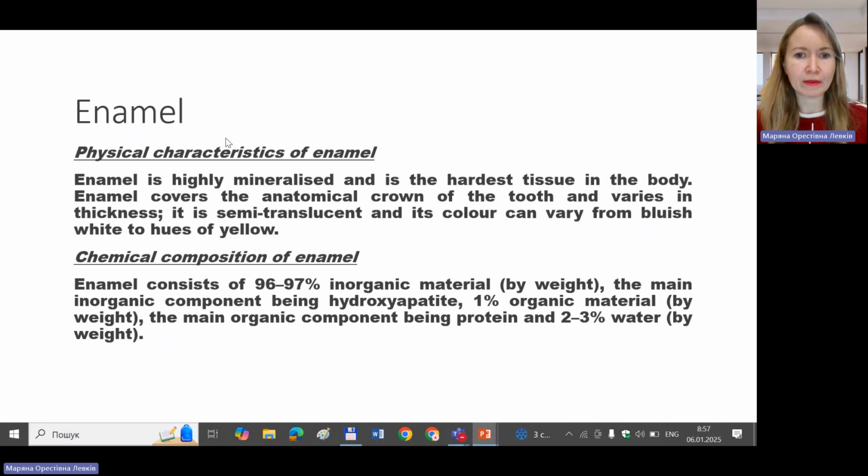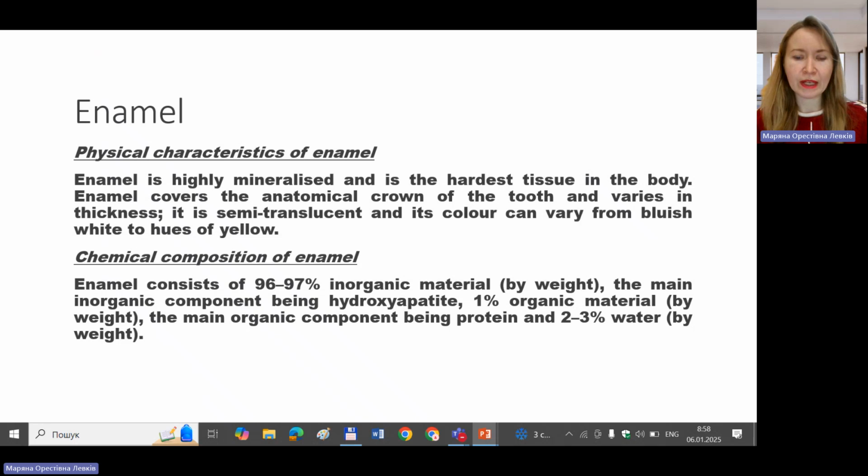Characterization of enamel. Enamel is the most highly mineralized tissue in the human body, and this is the hardest tissue. Enamel covers the anatomical crown of the tooth and varies in thickness. It is semi-translucent, and the color can vary from bluish-white to hues of yellow.